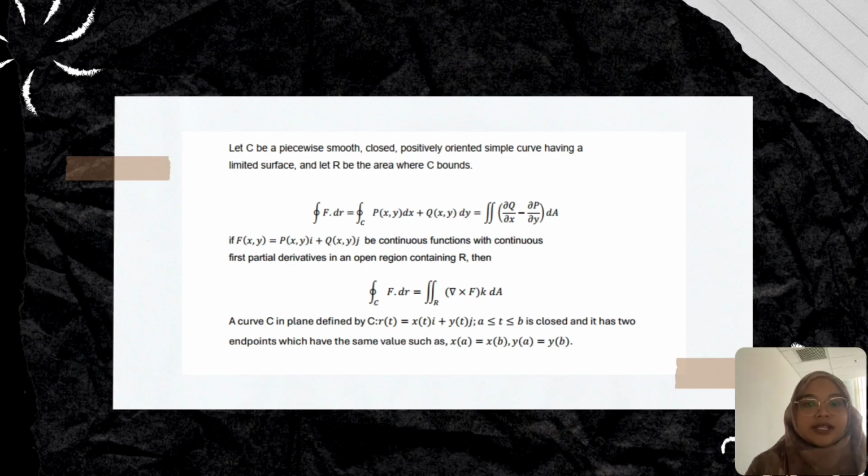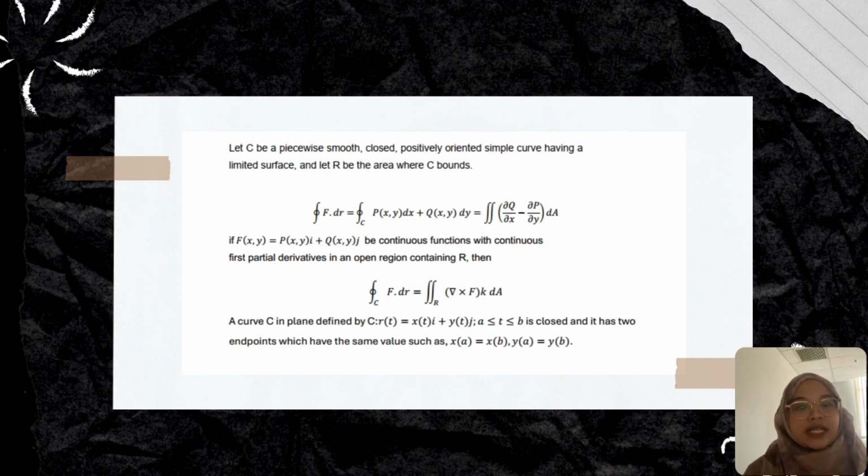If F(x,y) equals P(x,y)i plus Q(x,y)j is a continuous function with continuous first partial derivatives in a region containing R, then the integral of F · dr equals the double integral of curl F · k dA.